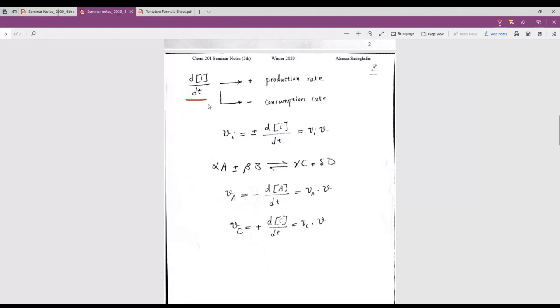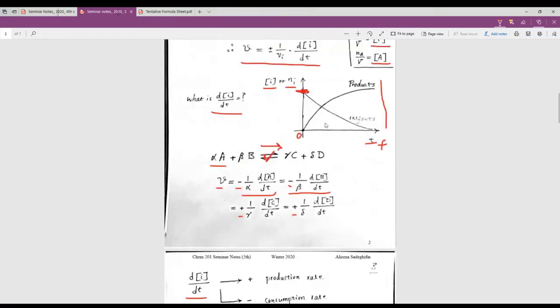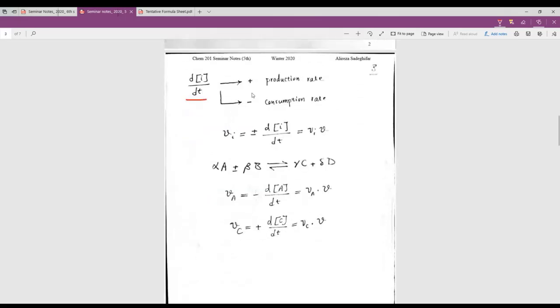So we talked about this, and we showed that it's the slope on the graph here. Okay, and we said that if I is one of the products in the system, then we must use a plus sign. If it's a reactant, then we must use a negative sign.